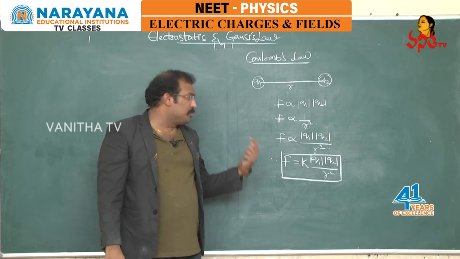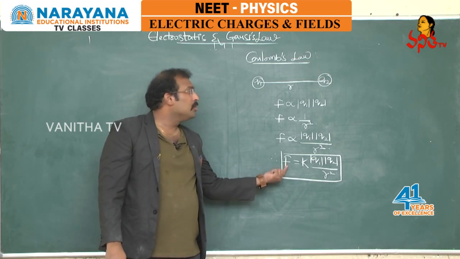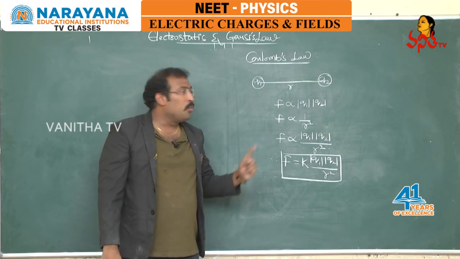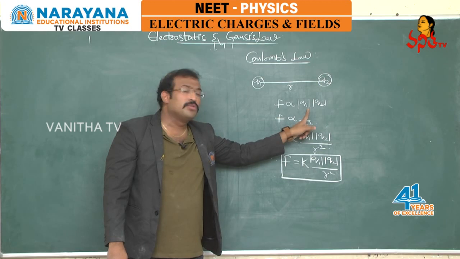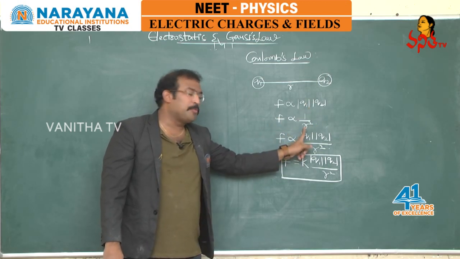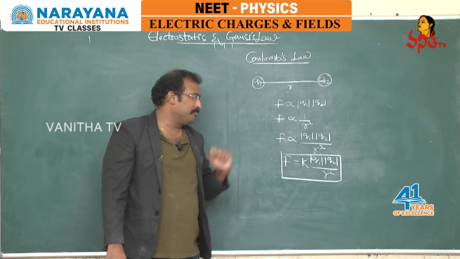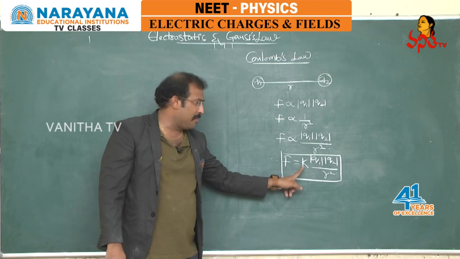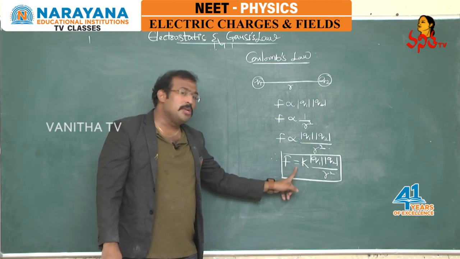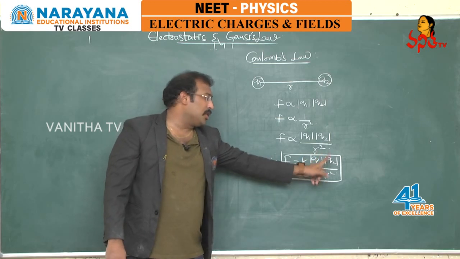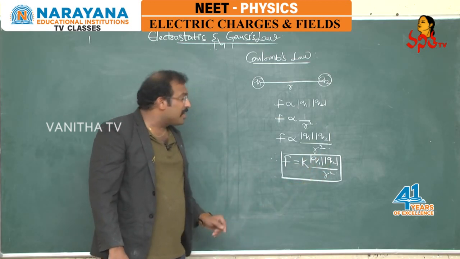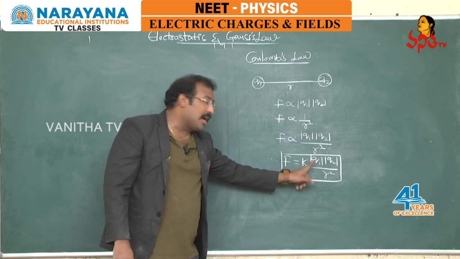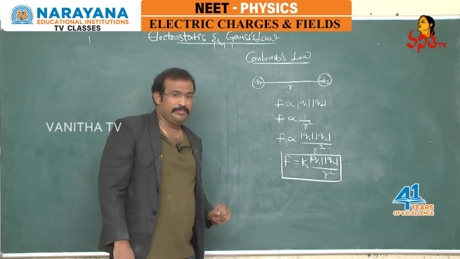According to Coulomb's law, the force between two charges may be attraction or repulsion, which is directly proportional to the product of the magnitudes of the two charges and inversely proportional to the square of the distance between them. Now from here I am removing the proportionality constant and introducing a constant K. So F is equal to K Q1 Q2 by r square, where this constant K depends upon the units of these charges and the distance between them.